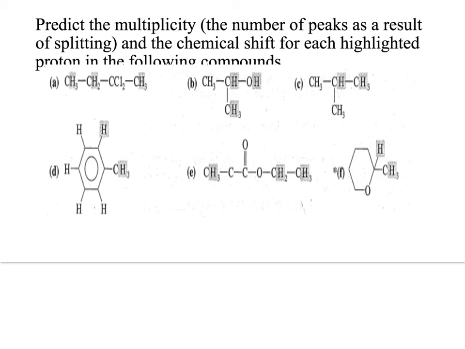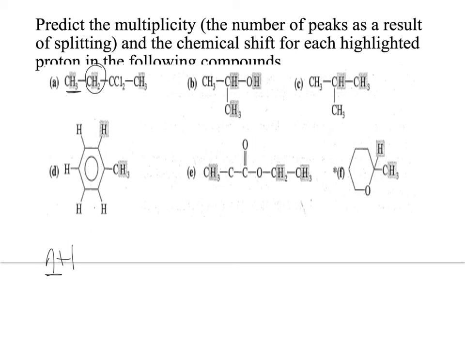Okay, predict the multiplicity. It means the number of peaks as a result of the splitting and the chemical shifts. Okay, so this carbon, these 3 protons are next door to this one, and that one has 2. So we're going to do the n plus 1 rule.